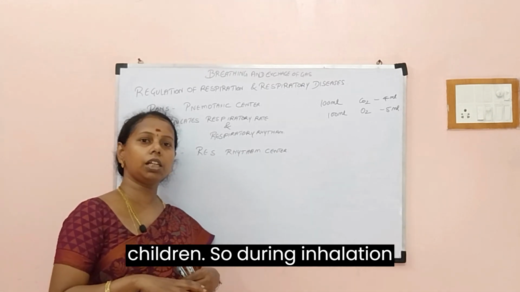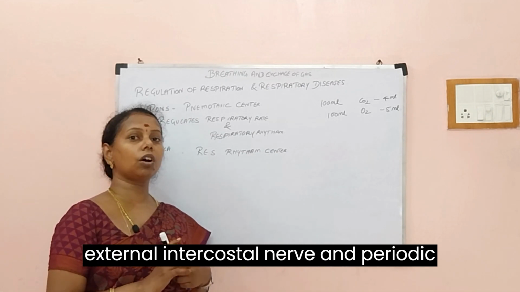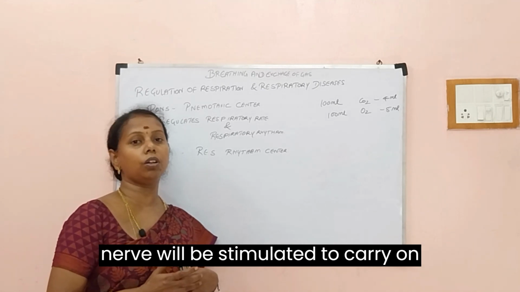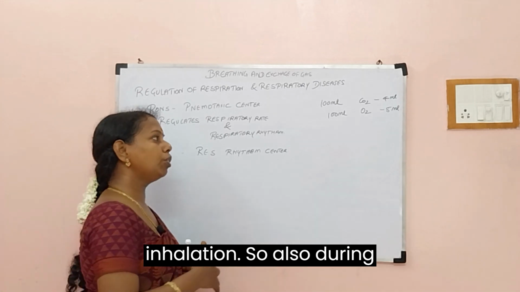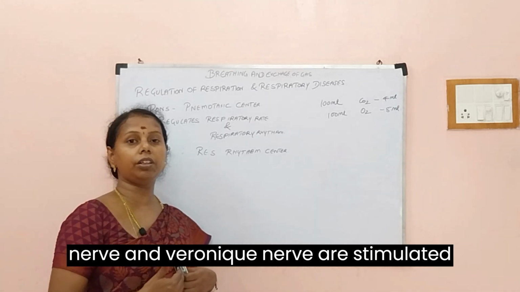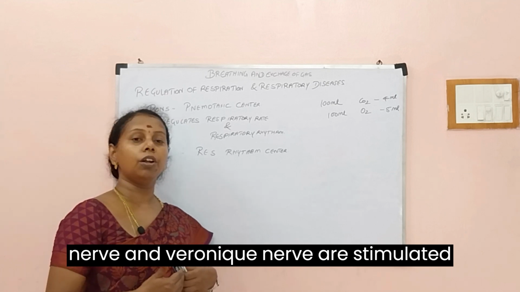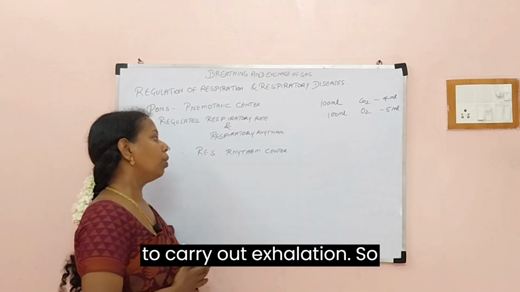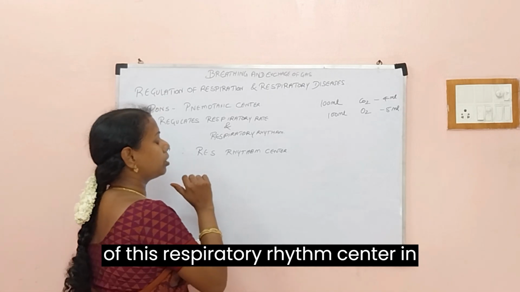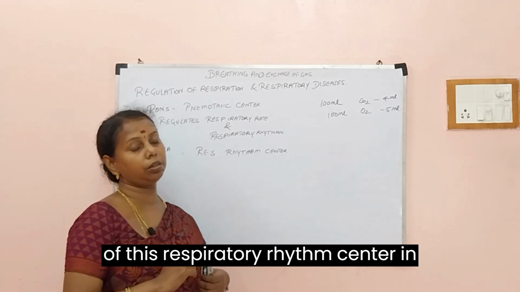During inhalation, the external intercostal nerve and phrenic nerve are stimulated to carry on inhalation. Also during exhalation, the internal intercostal nerve and phrenic nerve are stimulated to carry out exhalation. So alternatively it is regulated because of this respiratory rhythm center in the medulla.